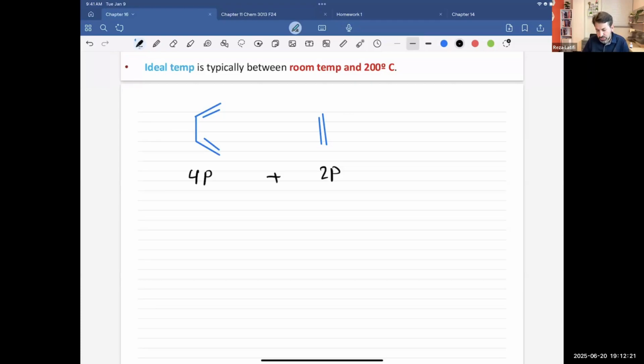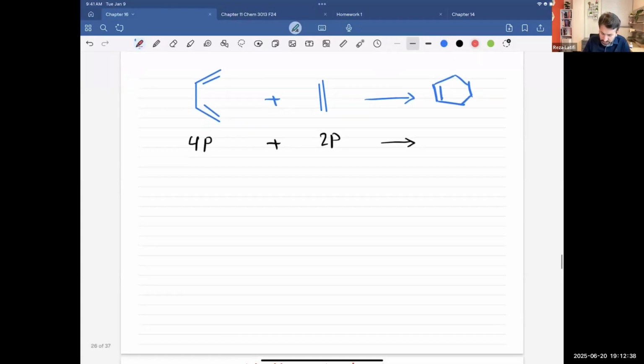I'm adding 2 molecules to each other, and that's going to give me a cyclic molecule with 1 double bond. So I added those, and I got 1. What we did, we started with 3 pi bonds and ended with just 1 pi bond. So 2 pi bonds turn into 2 sigma bonds.